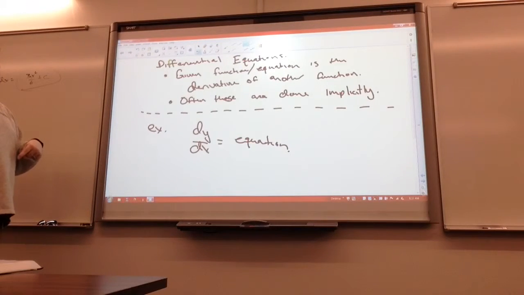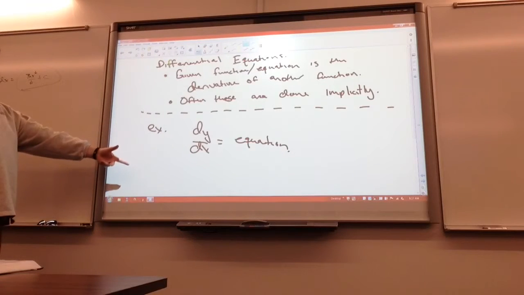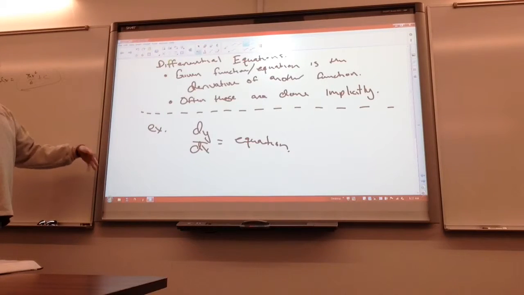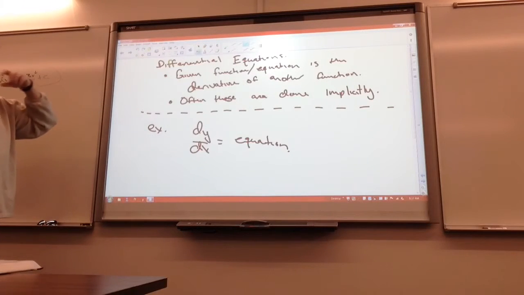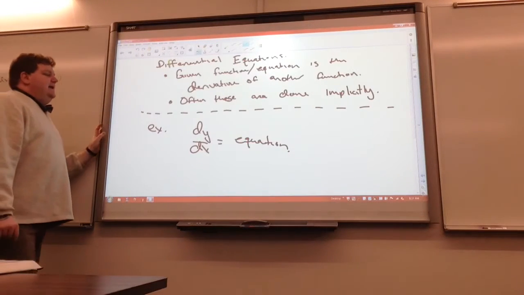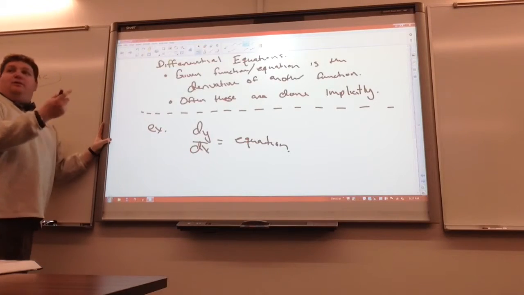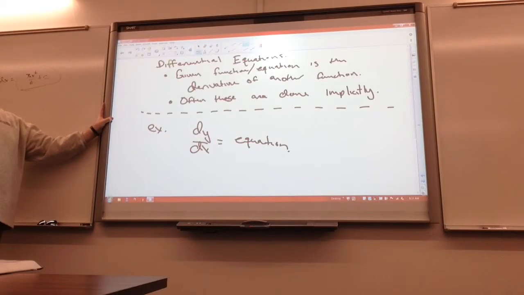This is how they look. And a lot of times with a differential equation, we want to get back to the original equation, and how we'll do that is we use the integral. We take the integral of both sides and come up with y equals the original equation, okay? So this is what we're doing here.